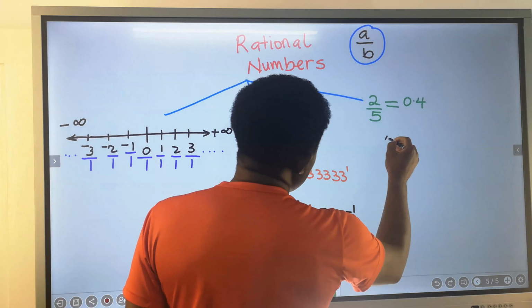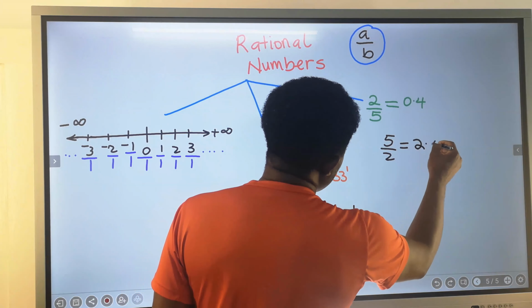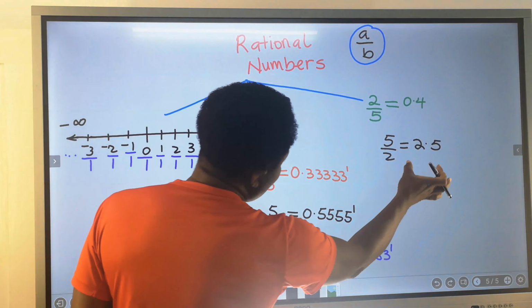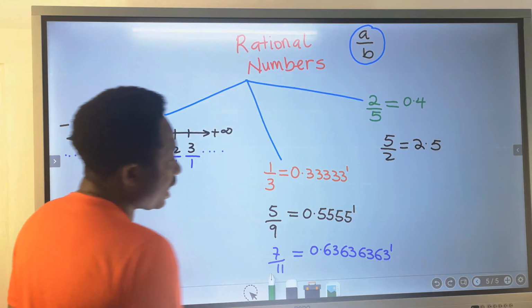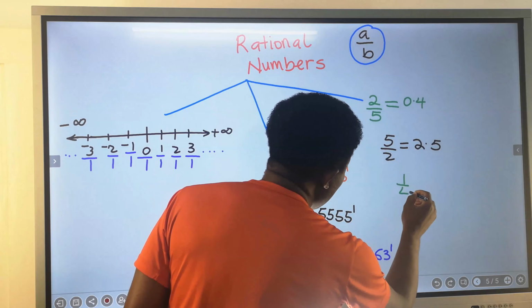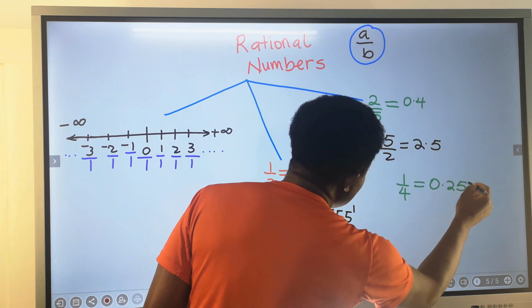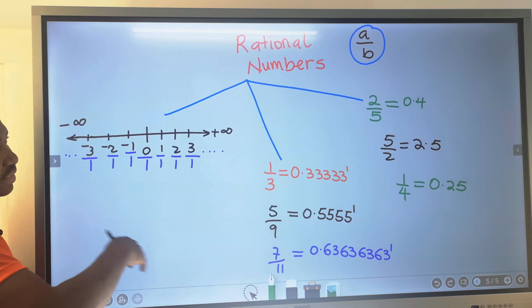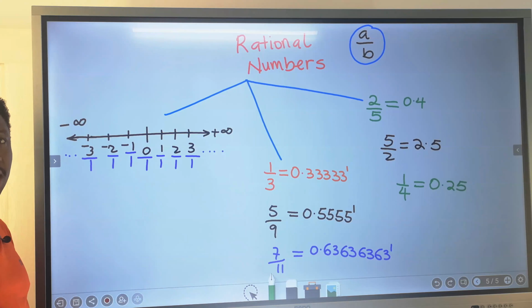Another example is 5 over 2, which is 2.5. You can see the answer is very short and did not continue. Another example is 1 over 4, which is 0.25. These are the three definitions of rational numbers in mathematics.